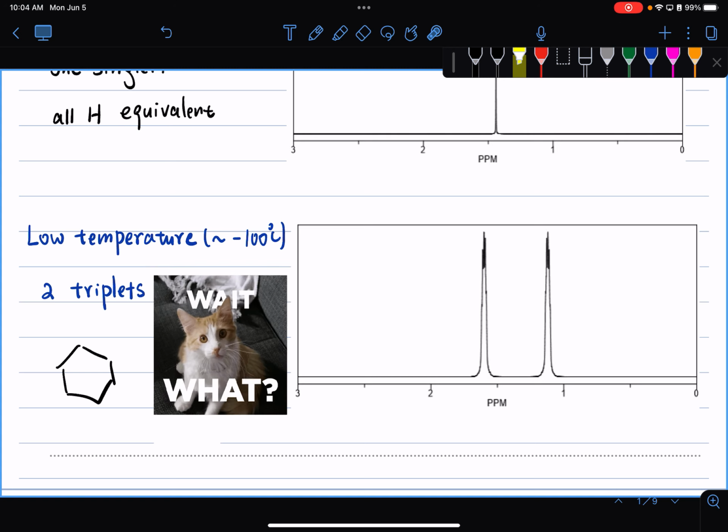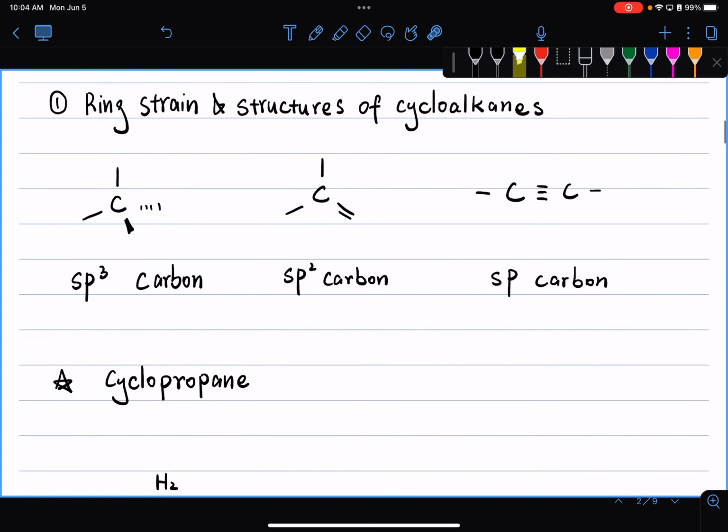Okay? Getting started, first topic here, ring strain. What is ring strain, and how does it affect the structure of cyclohexane? As a quick review, we've been talking about hybridization of carbon atoms with 4 substituents around it, 4 single bonds.